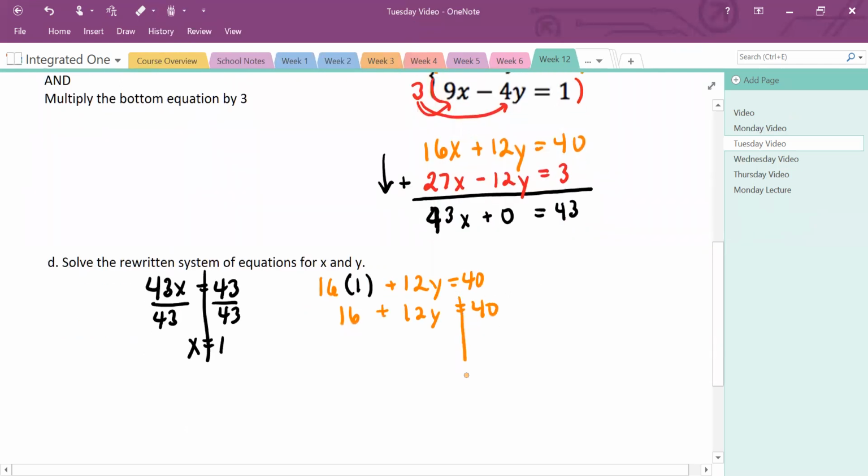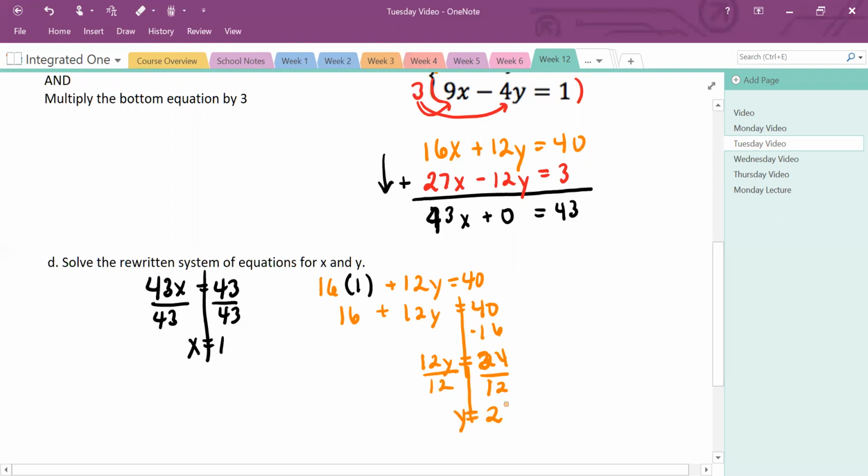Now I'm just going to solve for y. I'm going to subtract 16 from both sides. I have 12y is equal to 24. I'm going to divide both sides by 12. y is equal to 2.